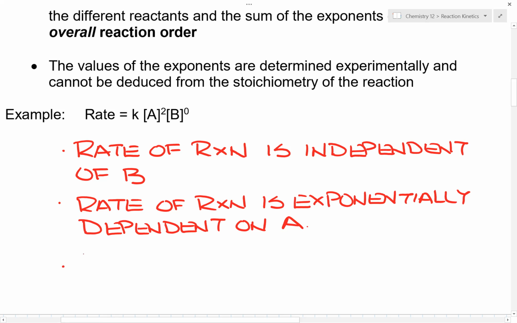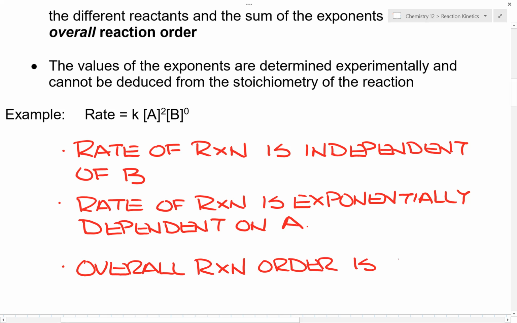The overall reaction order is 2. Where did I get the 2 from? 2 plus 0, from the exponent on A and the 0 on B.